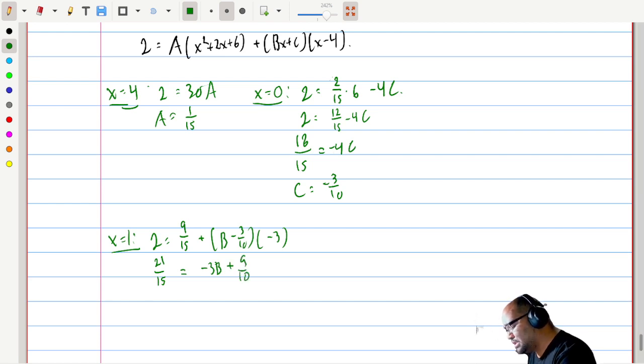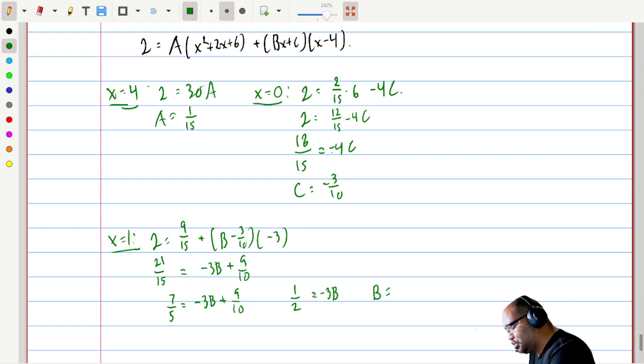I do well to simplify this a little. So divide through by 3 on the left there. That's 7 over 5. So now I have 14 over 10 minus 9 over 10. That's 5 over 10. So that's 1/2 equals -3B.